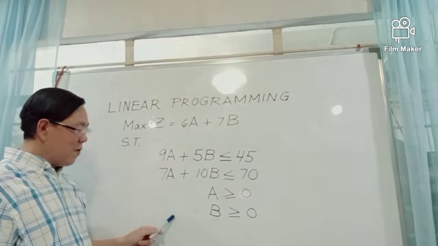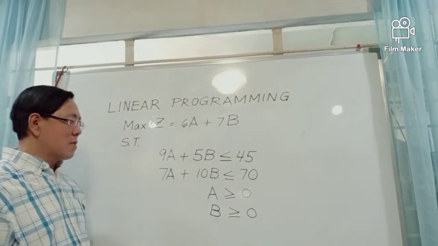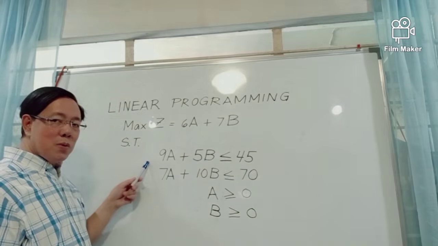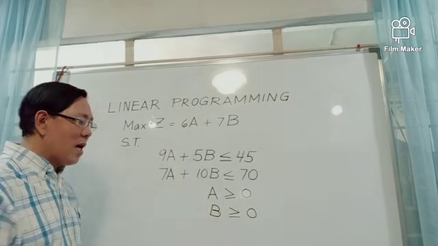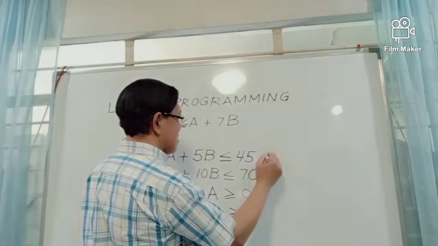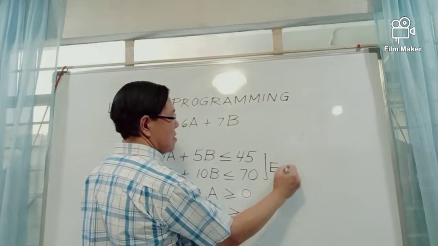These four constraints are grouped into two groups. The first two constraints are known as explicit constraints.